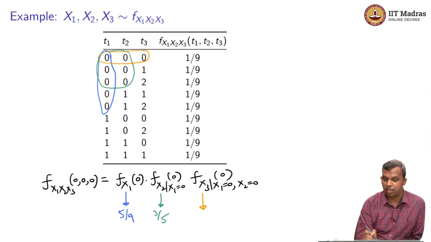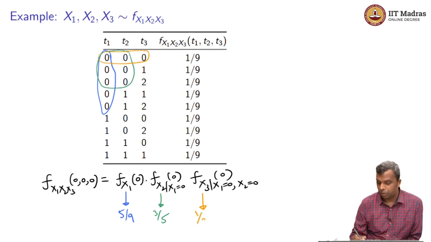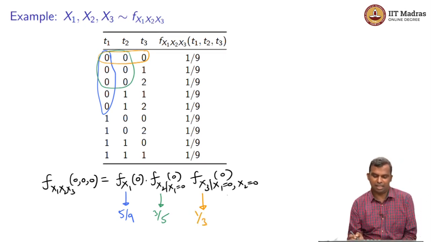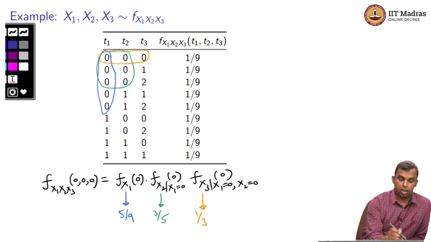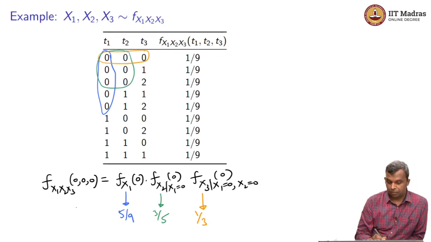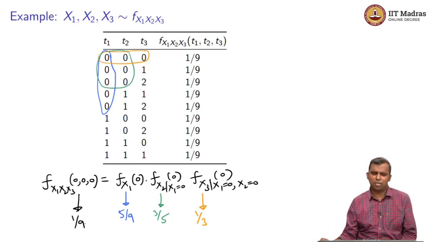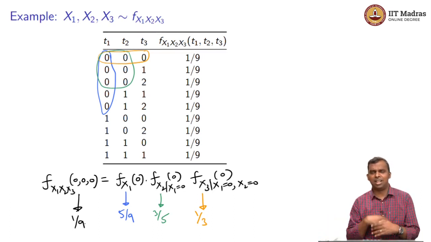There are 3, x1, x2 being 0, and x3 being 0 is only one of them, so you will get 1 by 3. So you can repeat this calculation more carefully. So if you multiply it out, 5 by 9, 3 by 5, 1 by 3, very well you get 1 by 9, which is what you know is the answer. Okay, so you can check this in any other way. You can take anything else, do it in any other sequence, you will get the same answer.